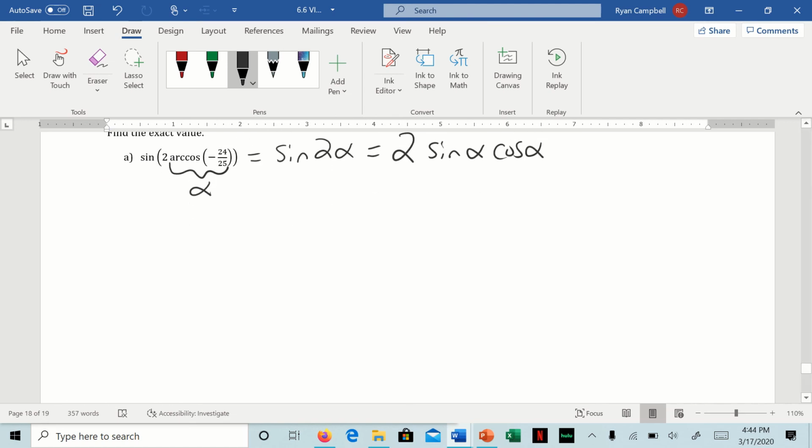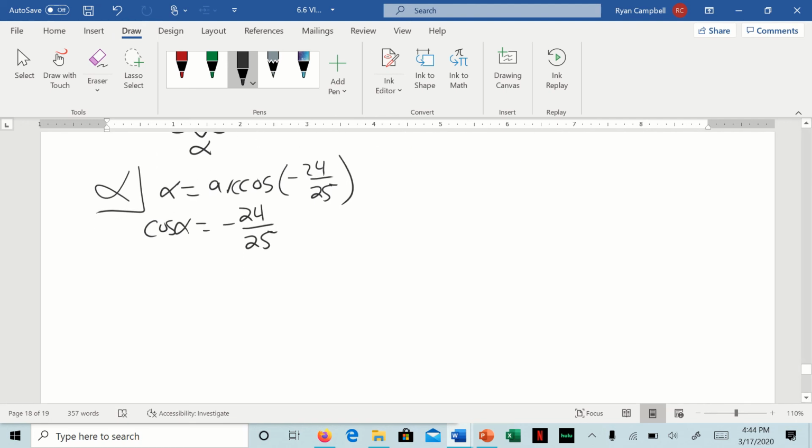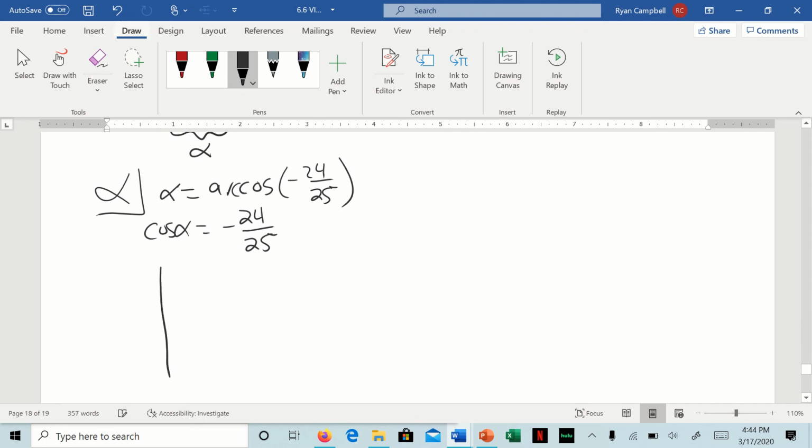So we need to figure out, where's alpha? If we have that alpha is the arc cosine of negative 24 over 25, then that means the cosine of alpha is negative 24 over 25. So how do you figure out what alpha is? We got to draw triangles. When we think cosine, what letter do we think of?